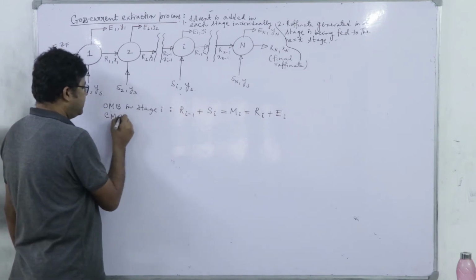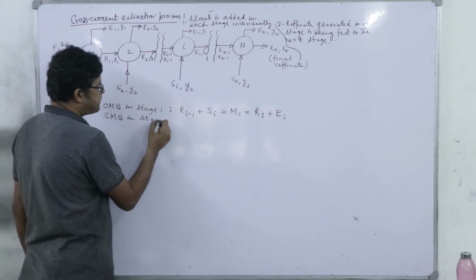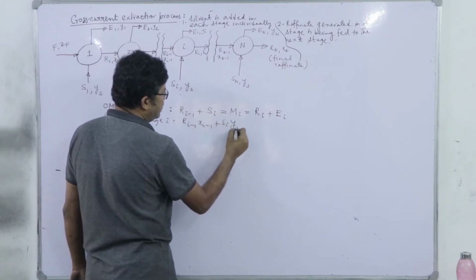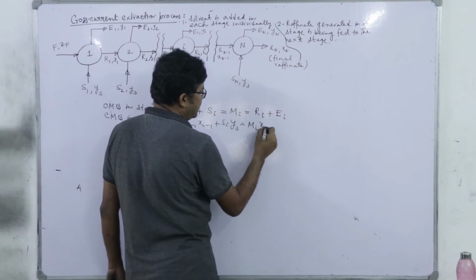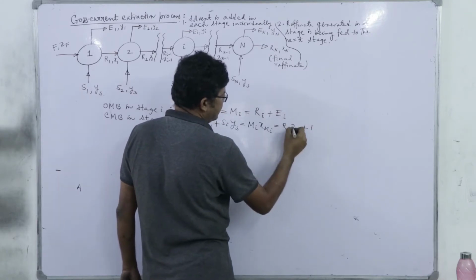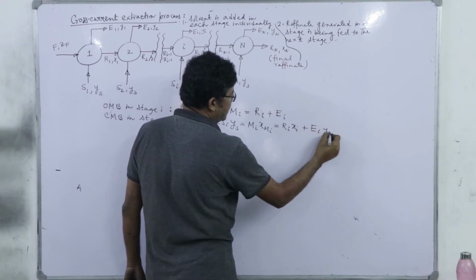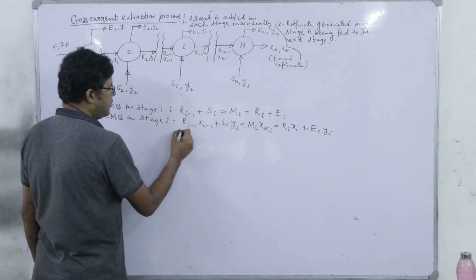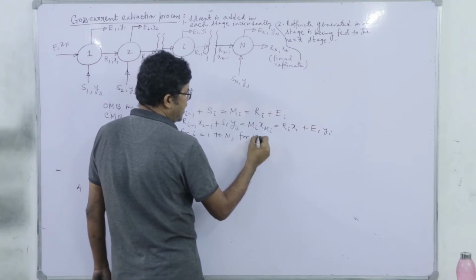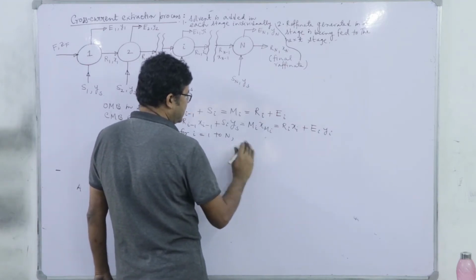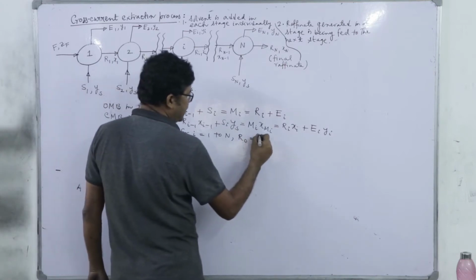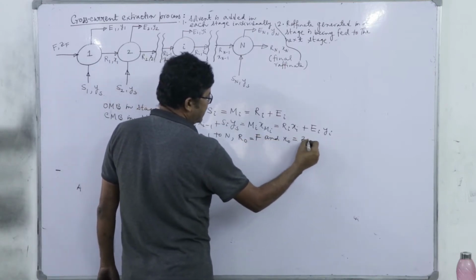And the component material balance in stage i is R(i-1) X(i-1) plus Si YS equals Mi XMi equals Ri Xi plus Ei Yi, for i equal to 1 to n, where R0 is F and X0 is ZF.